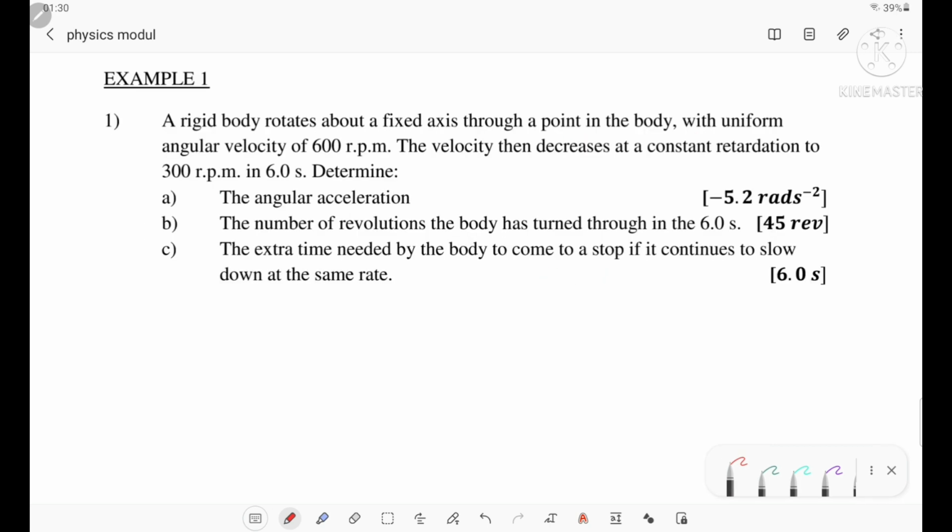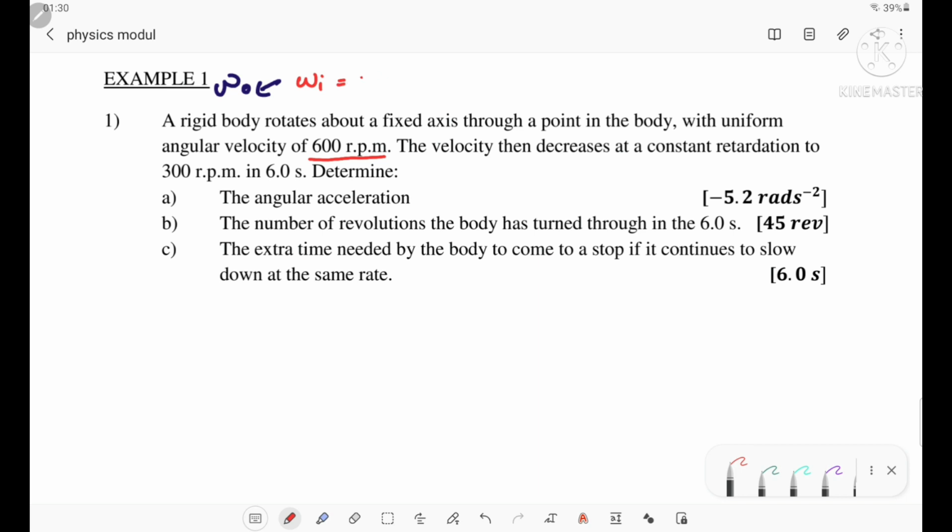Let's look at example 1. A rigid body rotates about a fixed axis through a point in the body with a uniform angular velocity of 600 revolutions per minute. For the initial angular velocity, you need to convert into radian per second first.